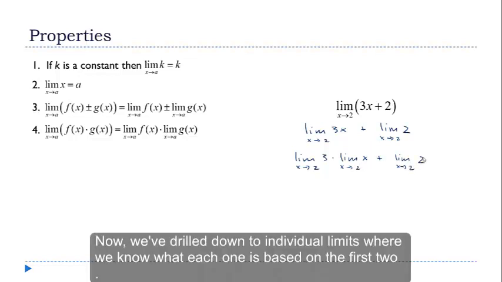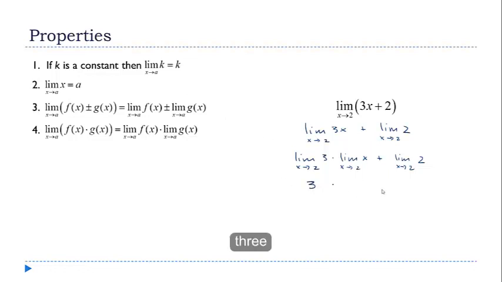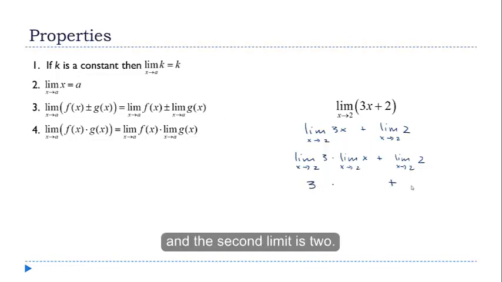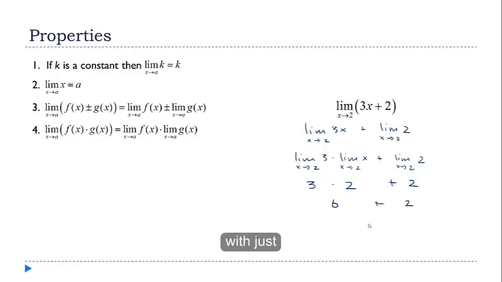Now, we've drilled down to individual limits where we know what each one is based on the first two properties. Property 1 tells us that this first limit is 3, and the second limit is 2. And property 2 tells us that the middle limit is 2. So now we can get the final answer with just a little arithmetic.